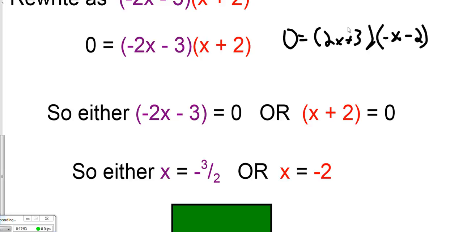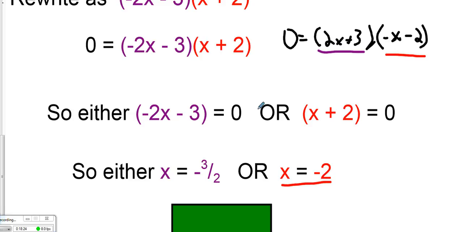Okay, I want to look at these forms then. If I had this one, I would add 2, so negative x equals 2, and divide by negative 1, so x equals negative 2. Same as what we got here. So this and this will give you the same answer. If it was 2x plus 3, I would subtract the 3, so 2x equals negative 3, divide by 2.